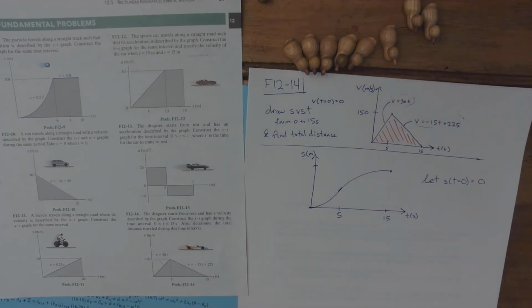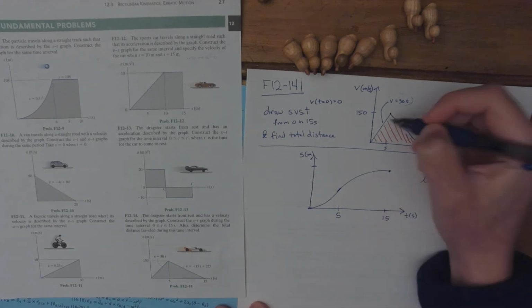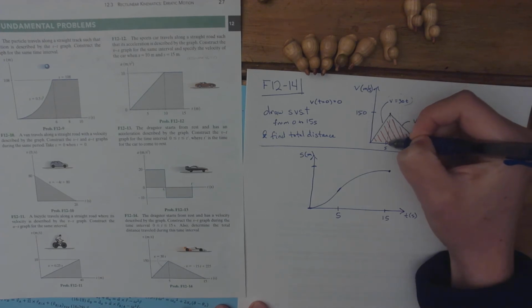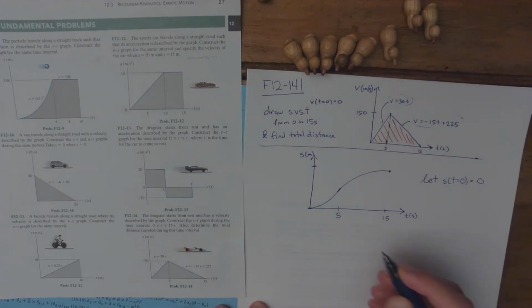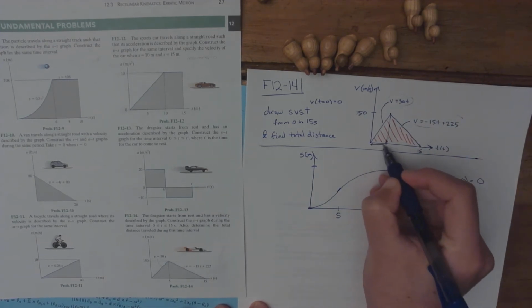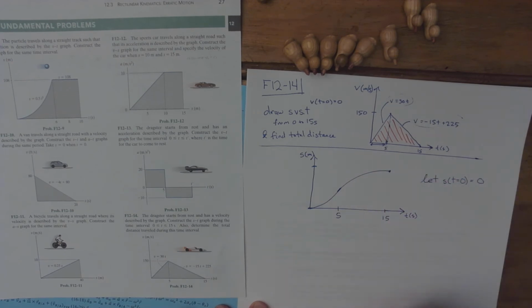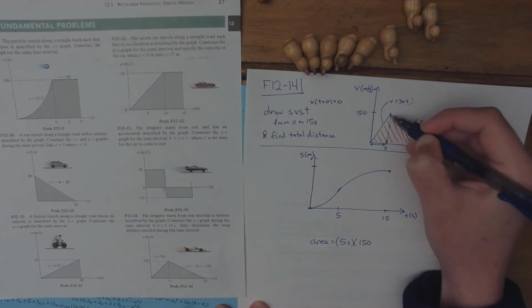But we can find that easily without doing any calculus, just by saying, well, we have, let's say, 2 triangles here. The first triangle has a base of 5 seconds times 150 meters per second for the height.